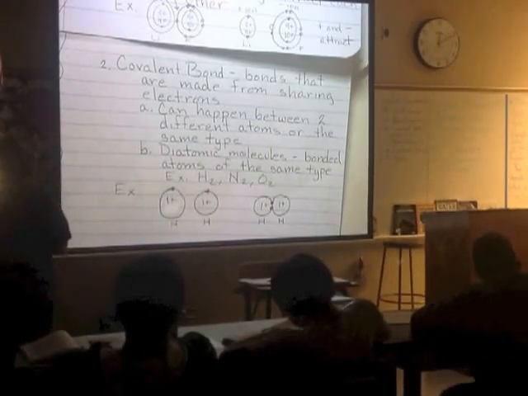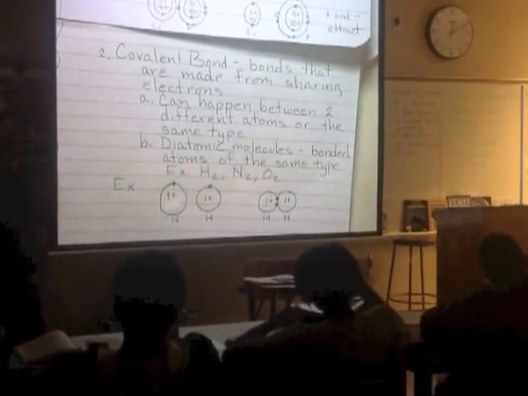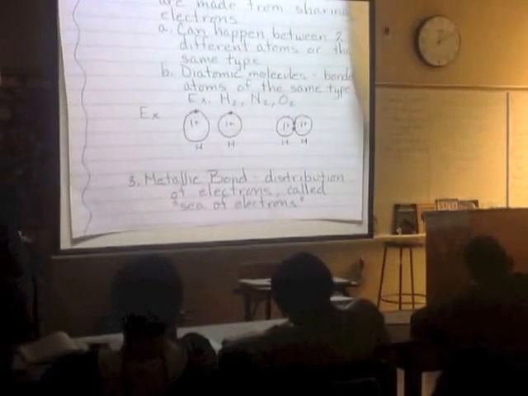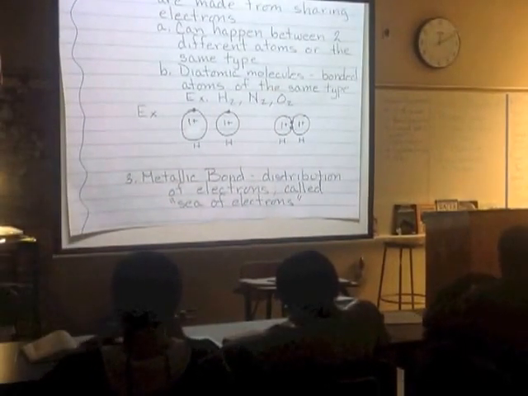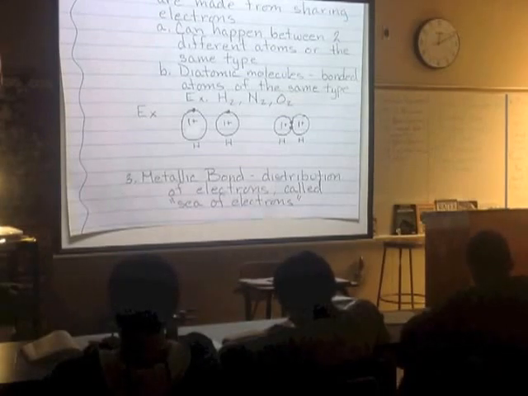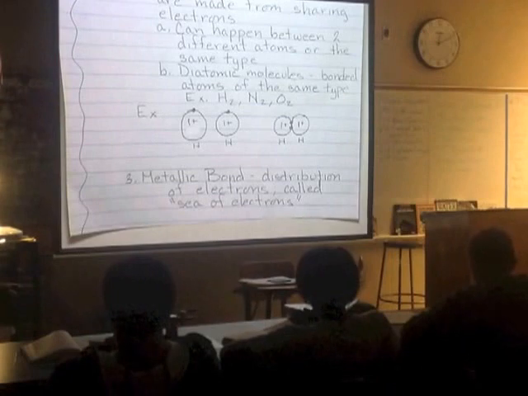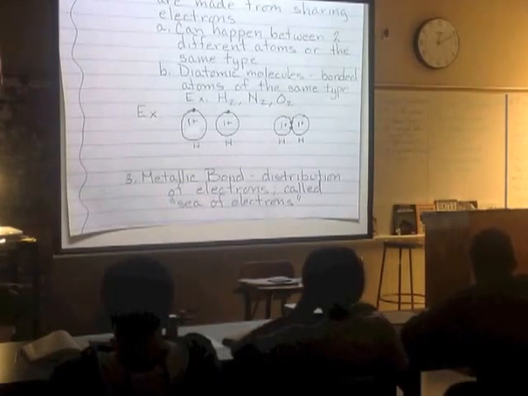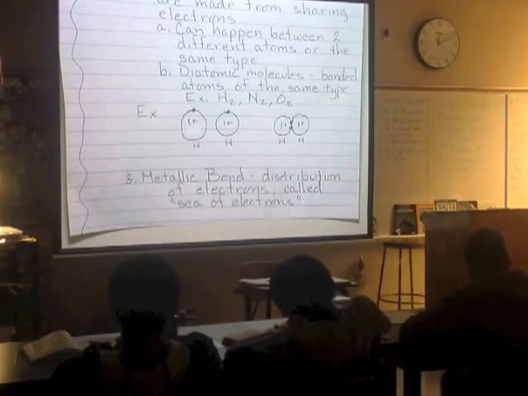Alright, now we're going to come to the very simplest one, but complex at the same time, which is the metallic bond. The metallic bond's a little weird. A metallic bond occurs because of the distribution of electrons in an atom.